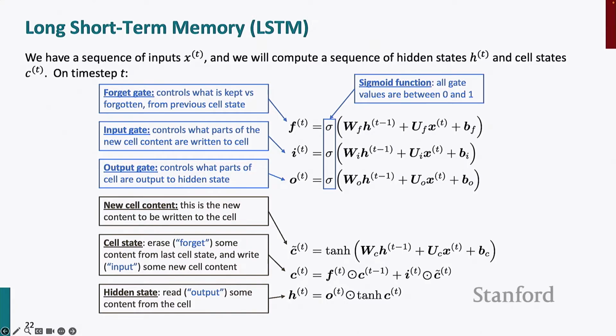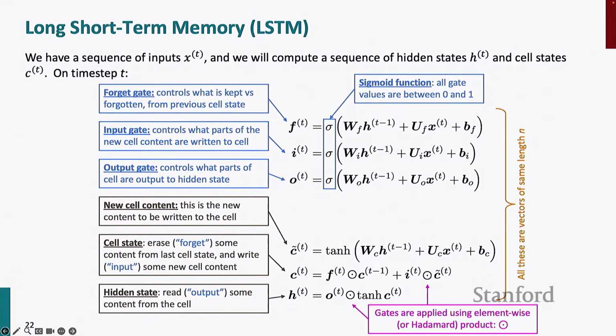And so it makes sense that we only want some of what's in our memory used to predict the next word in the current context. So the cell is our long short-term memory, and then we're moving over to the hidden state things that are going to be relevant for generation.